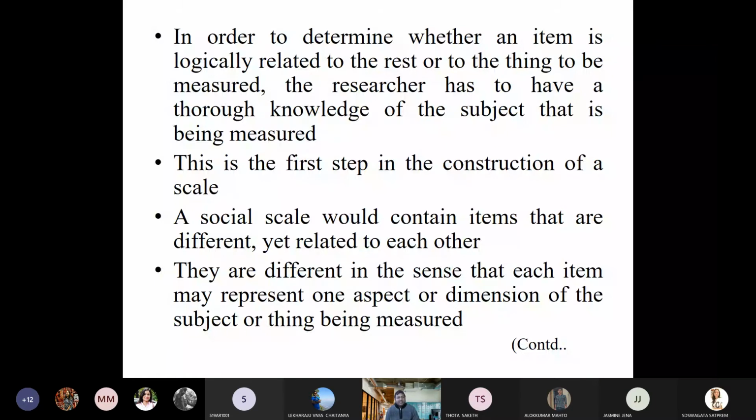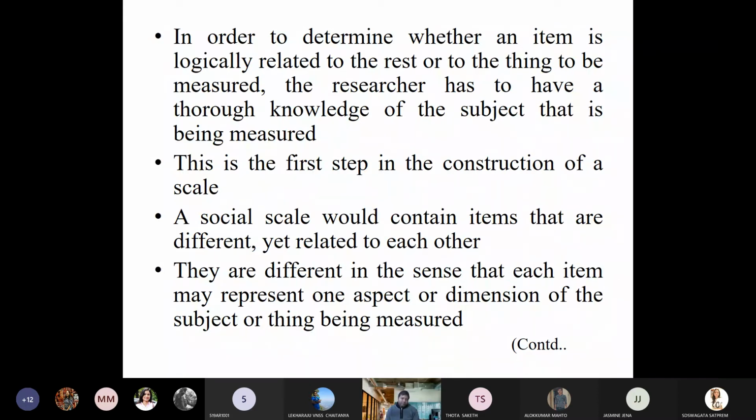So, what exactly I am measuring, accordingly the scale should be constructed. The things kept in the scale should have a logical connection with what we are going to measure. Because if I am measuring something and my scale is something else, it is really problematic and people will be confused.